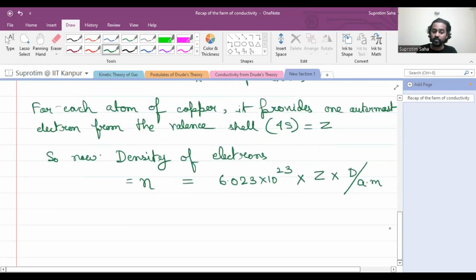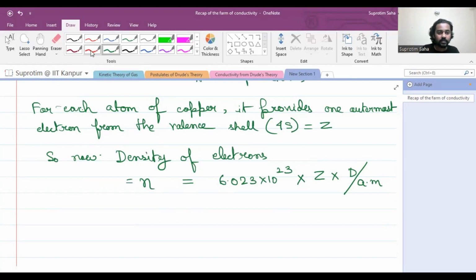All right. So n is given by the number of atoms in 1 mole, times the number of electrons one atom provides, times the density of copper divided by the atomic mass of copper.